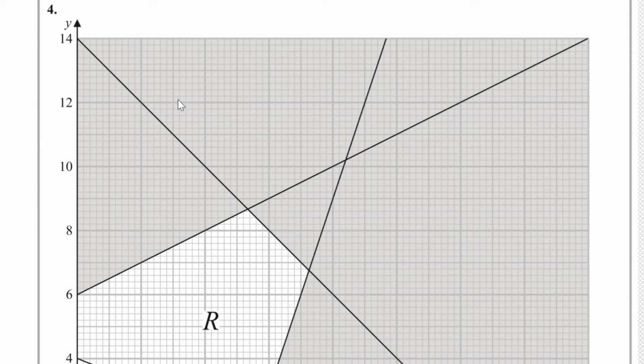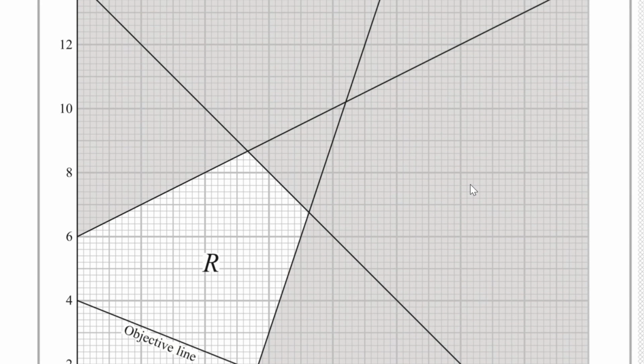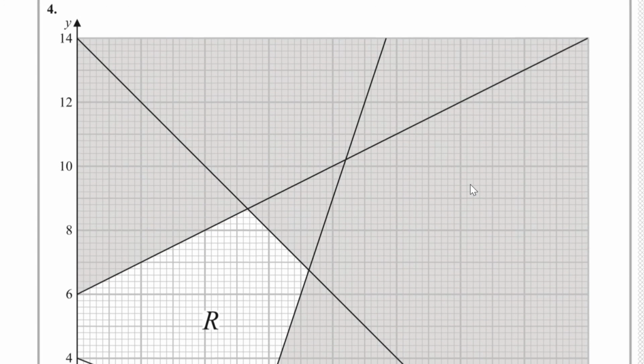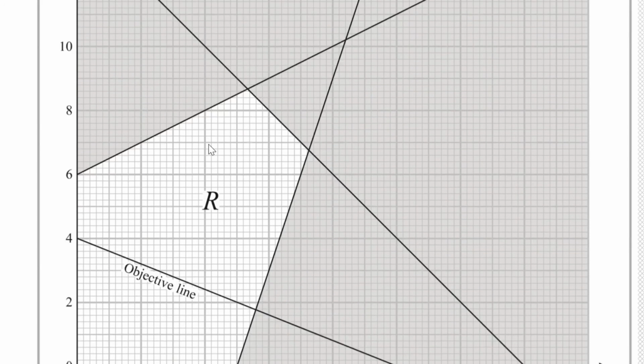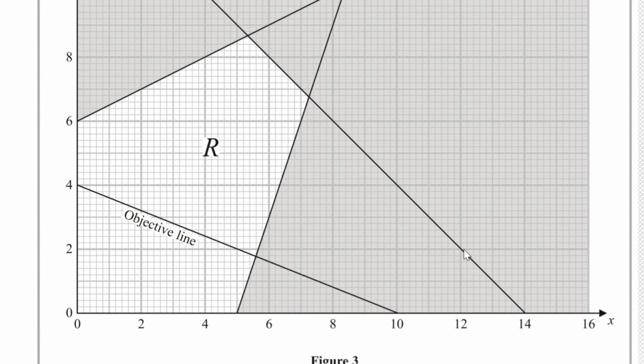Now, the way to approach this question is to work out the equation of each of these lines. So, this line here, well, it passes through 0, 14 and 14, 0. So this line would have equation x plus y equals 14.